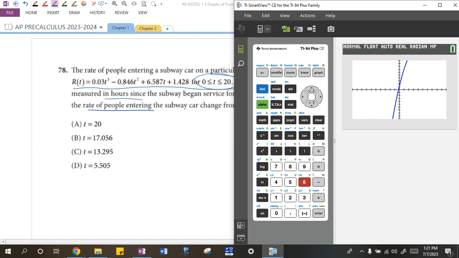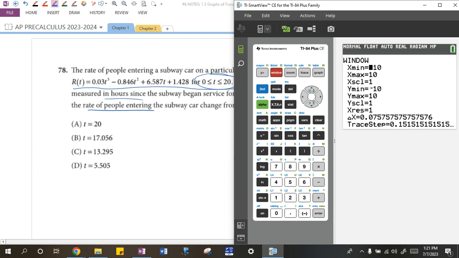So here's what you do. Press window. Change the x min and the x max to fit the domain, 0 to 20. I never change the scale unless I want to go from 0 to 200, where I might not want the calculator to make every tick mark 1 unit. I might say count by tens, whatever. 0 to 20.